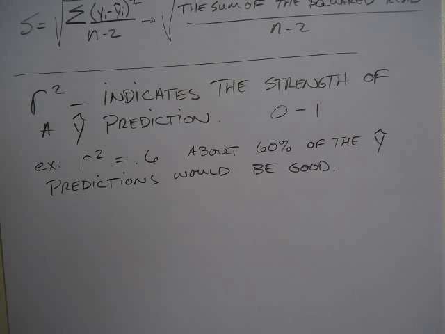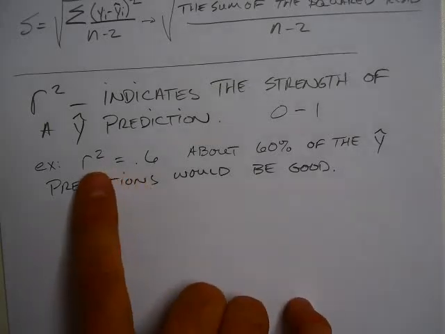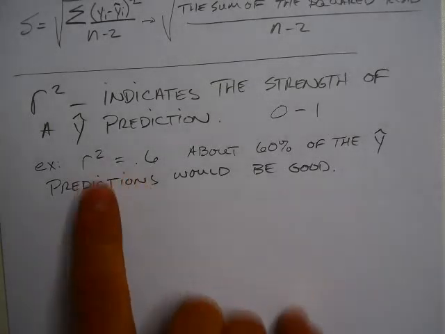50. More than 50. 65. No. More than 50. Really? Just a shade over 50% of the time. If you can beat the house more than 50% of the time, then in the long run, you're going to win. So R squared kind of works the same way.